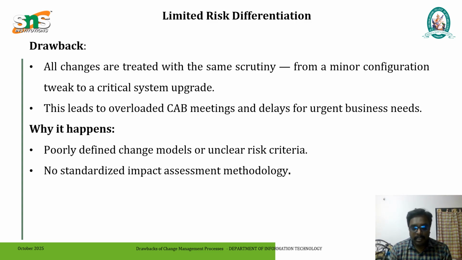If we set priority for different change requests, based upon priority they may be easily addressed or approved, or at least given a strict response, so that whatever decision the governing board takes can be easily communicated for further improvements. The reason is poorly defined change models and unclear risk criteria, and no standardization methodology is employed.